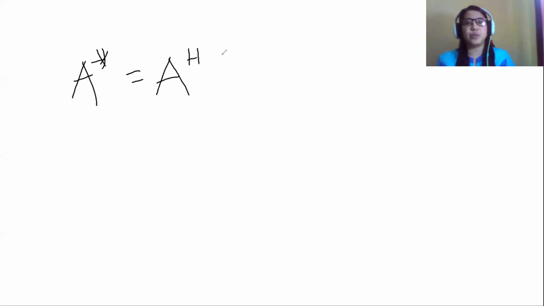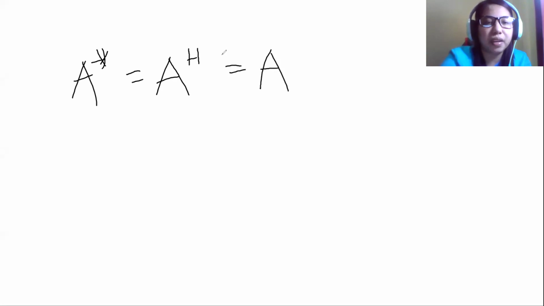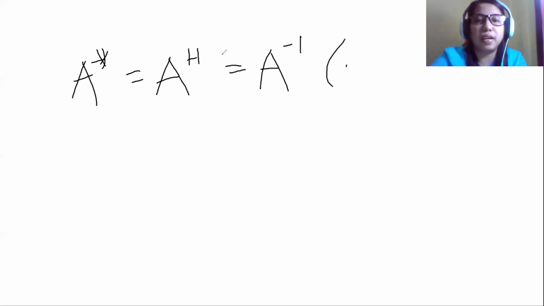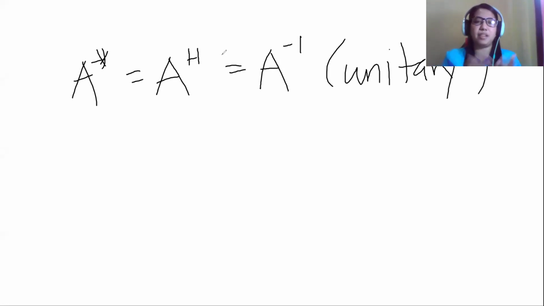Other books use the notation asterisk, which also means A raised to H. So this is, of course, unitary if the result is equal to the inverse of the matrix. So we call it a unitary matrix.